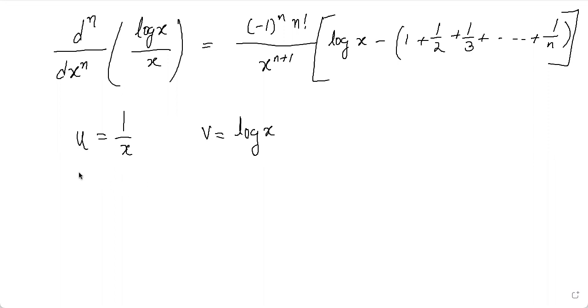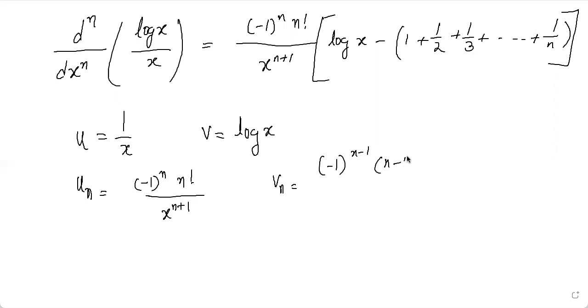Now, we know that un is equal to minus 1 to the power of n into n factorial by x to the power of n plus 1, right? And vn will be minus 1 to the power of n minus 1, n minus 1 factorial by x to the power of n.